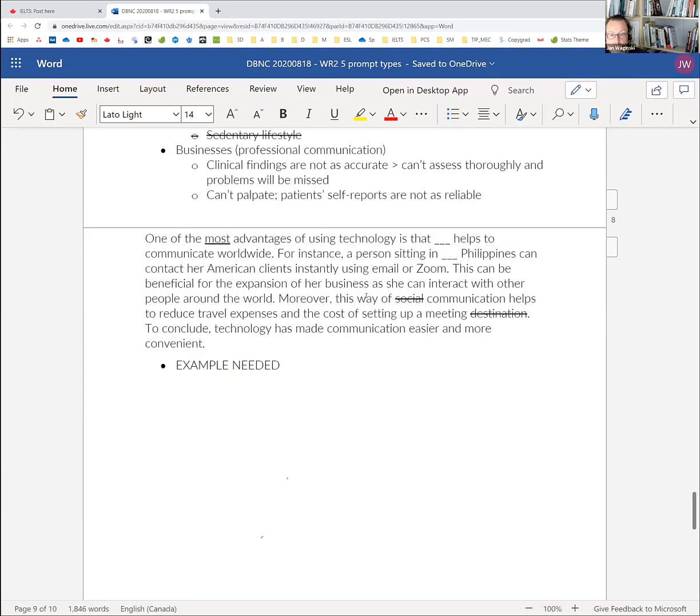Okay, so right now, this is what we would call an abstract or general idea. For example, our business uses Zoom, or ever since the COVID pandemic started, we have been using Zoom, which has allowed our business to just survive, basically.